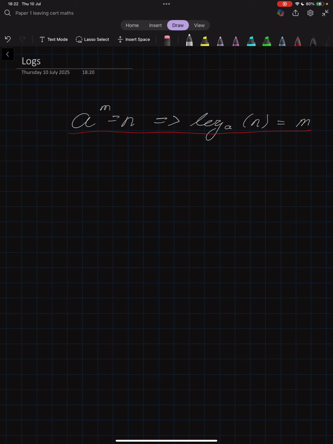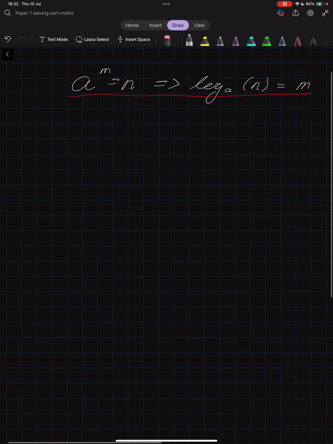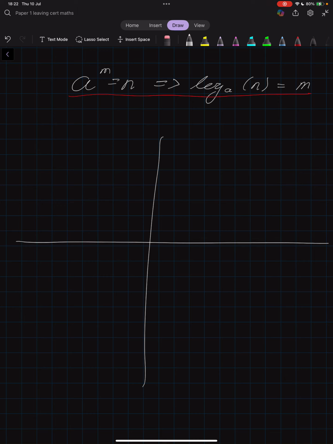So logs are basically the inverse of exponentials. So this would be an exponential on the left, and then this is a log on the right. To draw an inverse function, I'll be doing this in more detail in the next one, but you can take my word for it now.